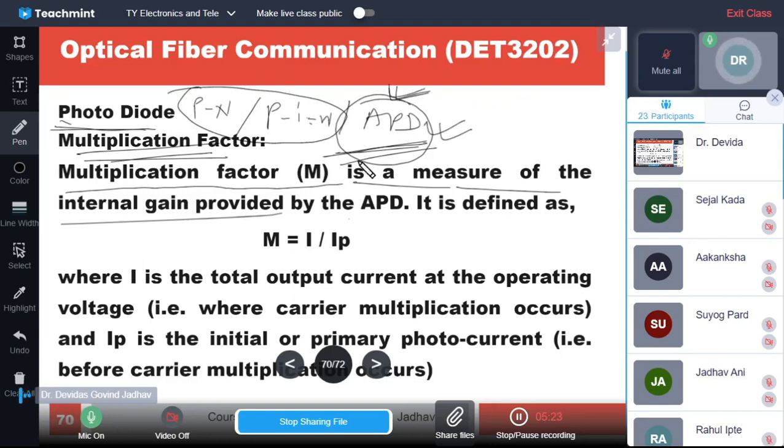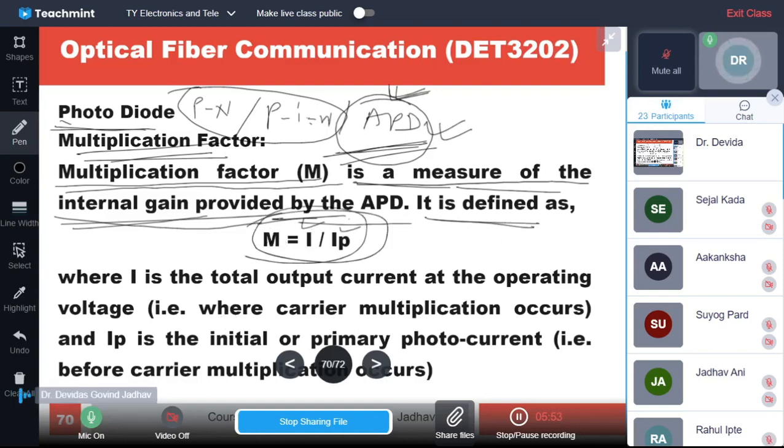How much internal gain is provided by APD is measured by multiplication factor M, and this is defined as I upon IP, M is I upon IP, where I is the total output current at the operating voltage.